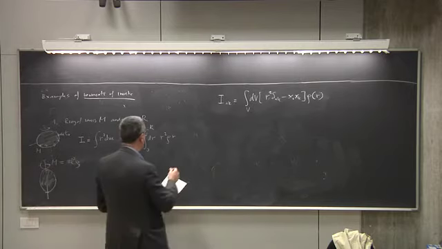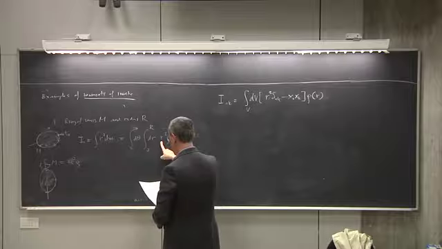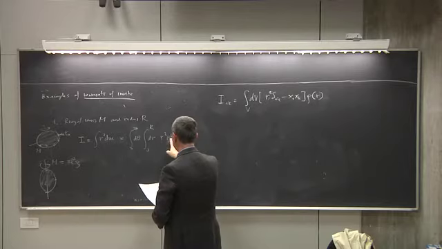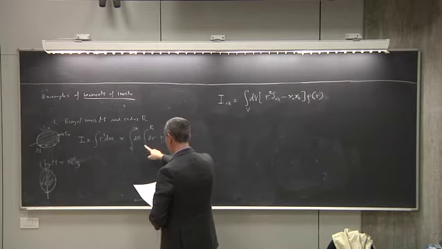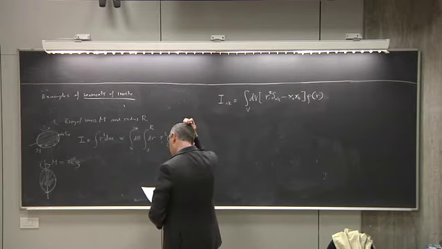And okay, you have to do first this integral here. You have r cubed, right? And then the theta, it's okay because it just gives you a 2 pi.